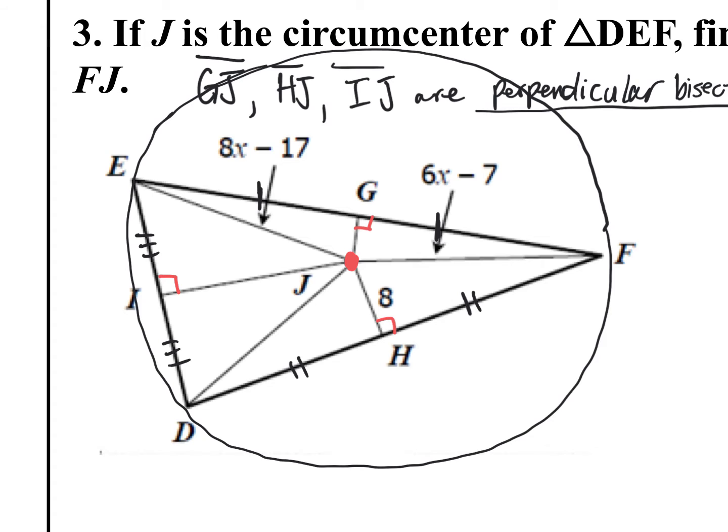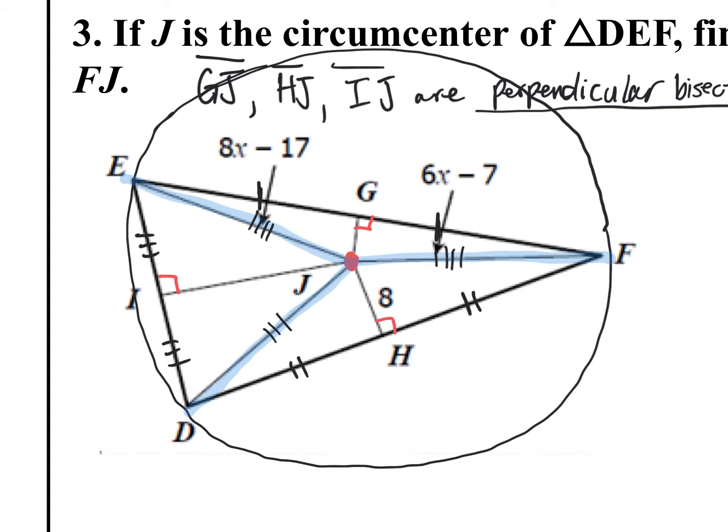Therefore, since J is the center of the circle, then I know that FJ, DJ, and EJ are the radii of those circles. Thus, I can say that DJ, EJ, and FJ are congruent to each other.